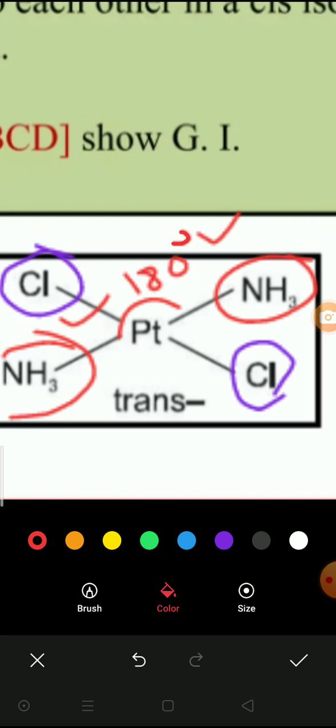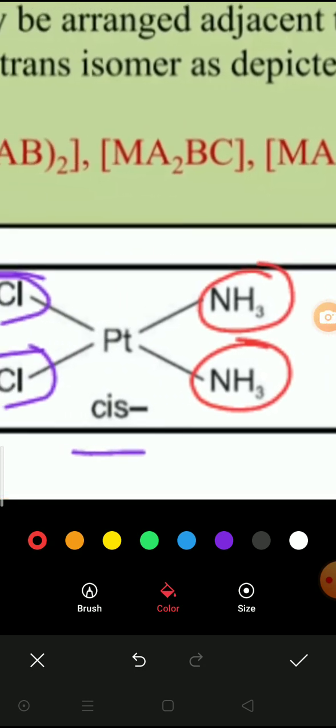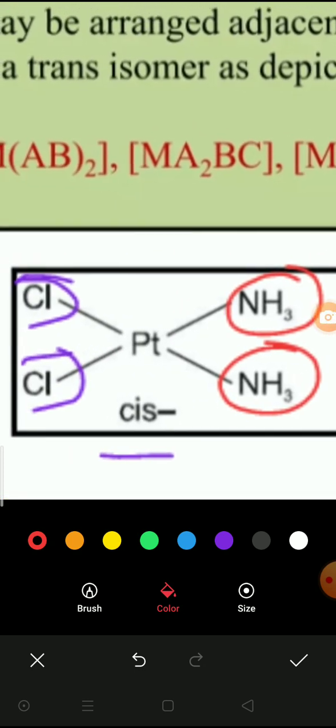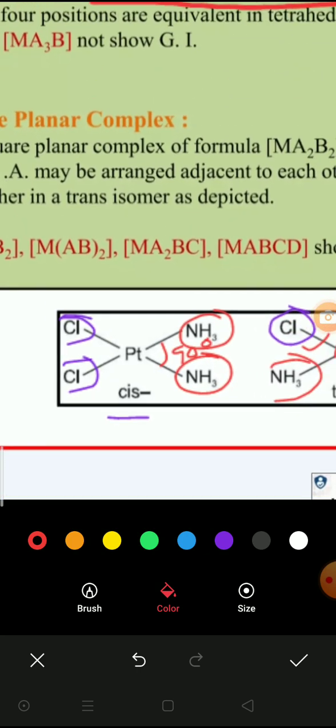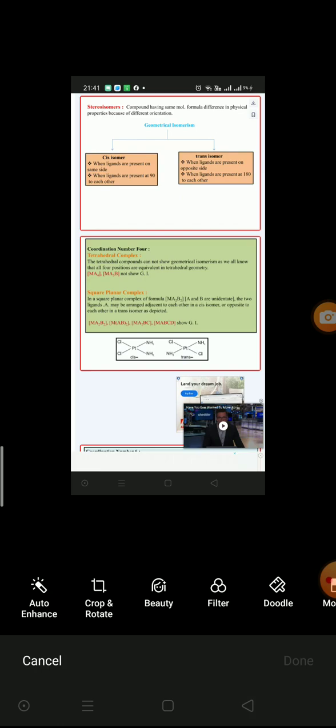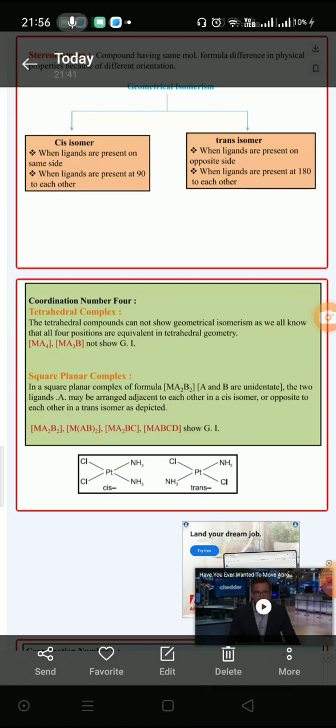Such an isomer is called trans isomer. If we see here, these two NH3 groups are making an angle of 90 degree. So, I hope cis and trans isomers of the compounds in which the central metal has coordination number 4 are clear.